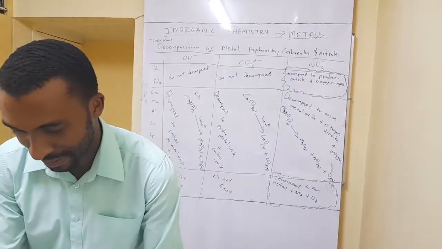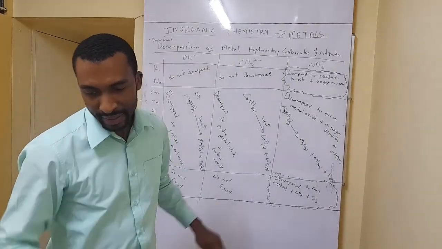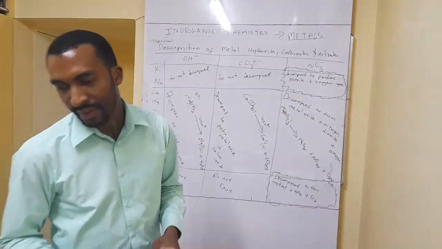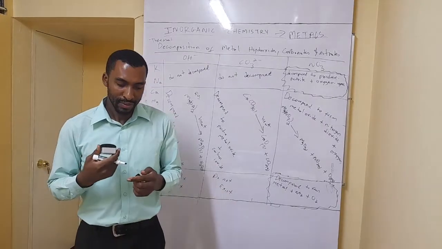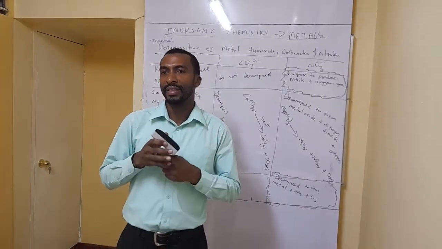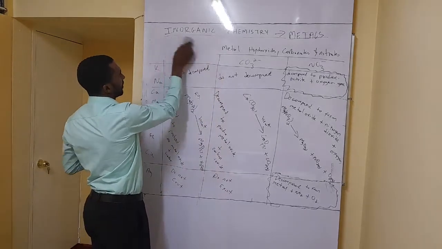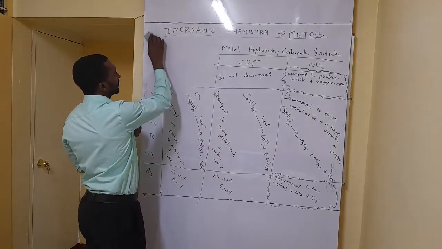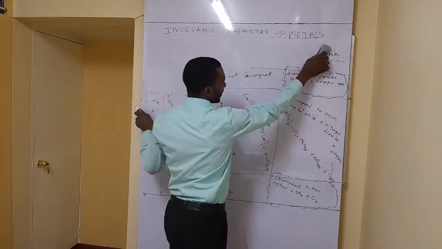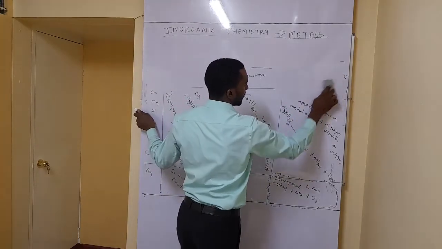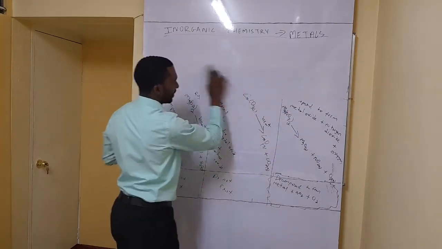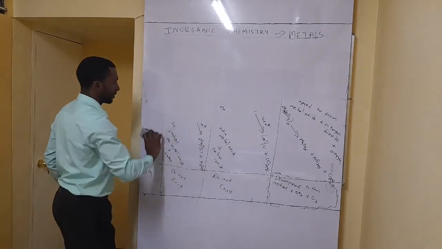So let's move on. When we talk about the reactivity series, how did we put the metals in this series in the first place? It's based on their displacement reactions and also on their thermal stability and the reactions that we have been looking at so far.